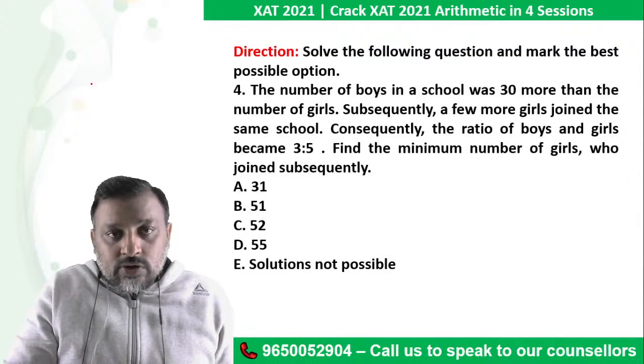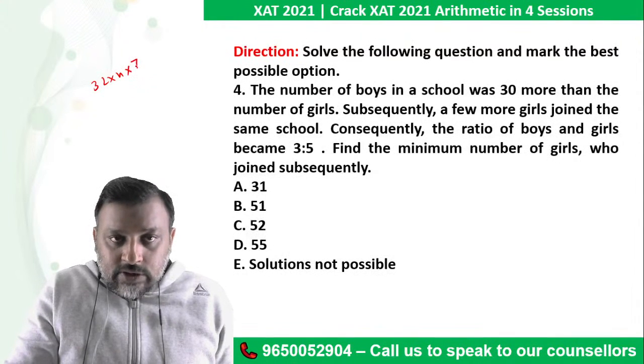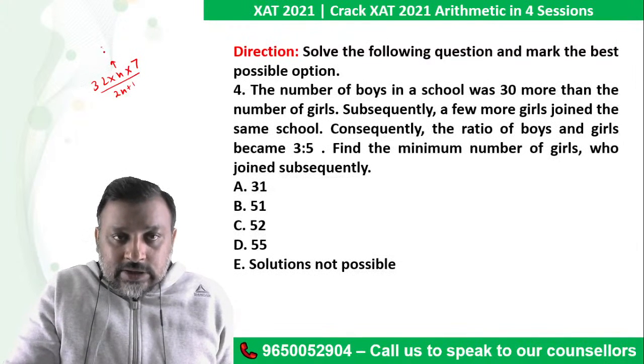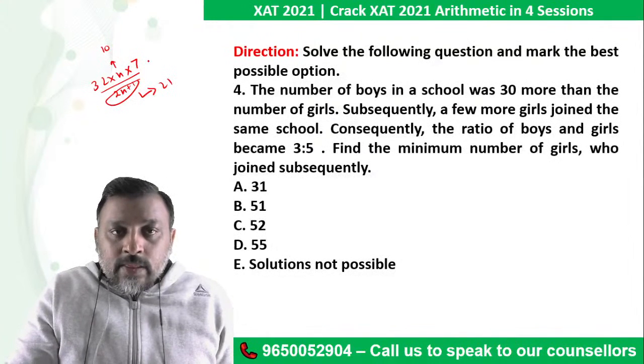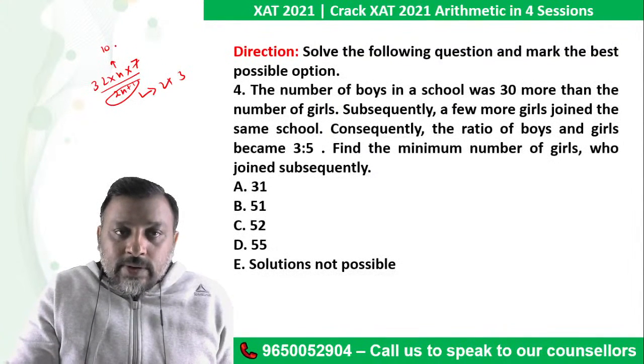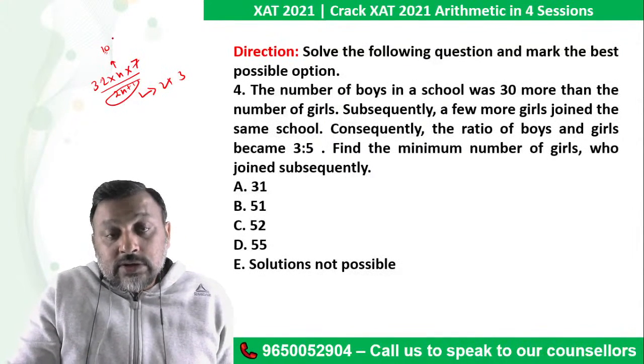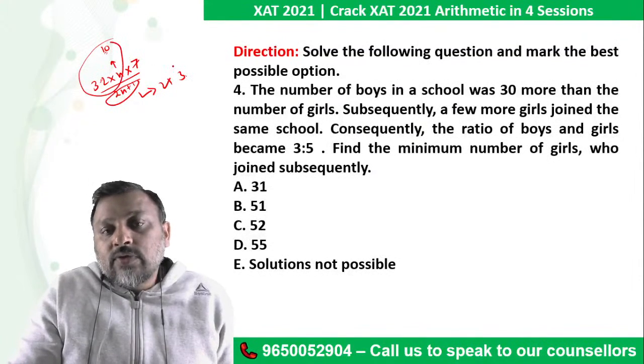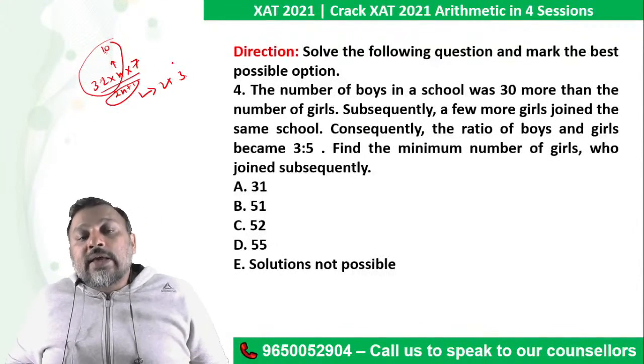The expression was this, I think 32 into n into 7 by 2n plus 1. So if I put n as 10, this would be 21. ओके, सो ये चीज तो कैंसिल हो जाएगा, बट ये 3 का तो दिस न्यूमरेटर लेफ्ट इज नॉट अ मल्टीपल ऑफ 3, सो दैट इज व्हाई वी कैन नॉट टेक n as 10.